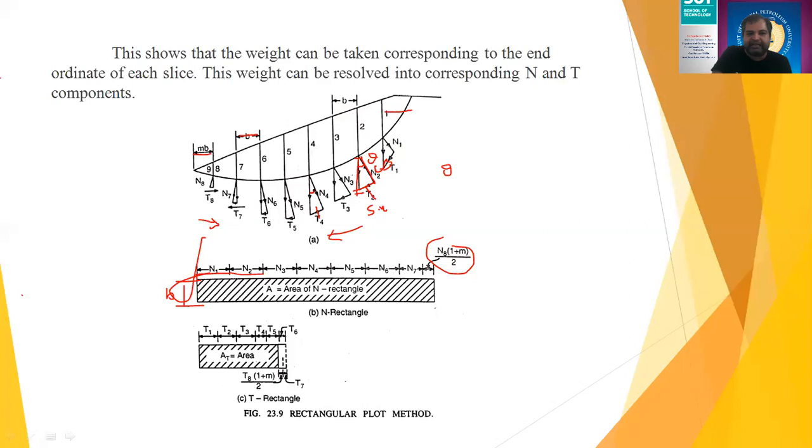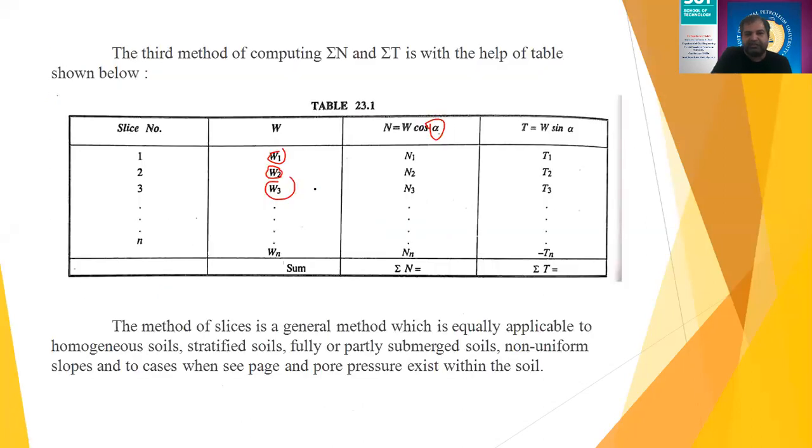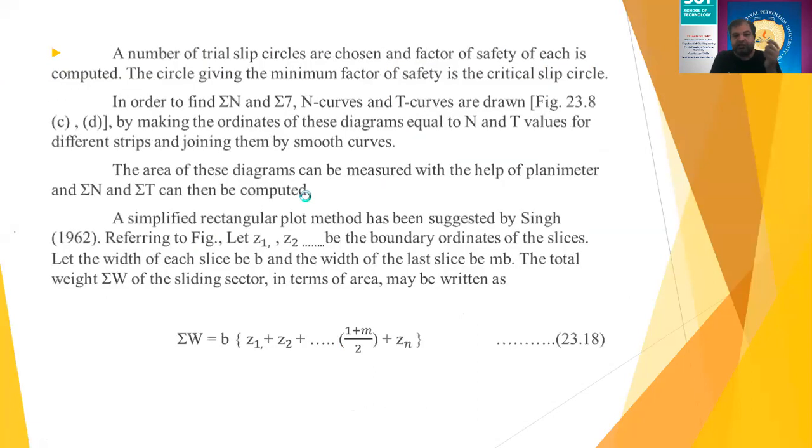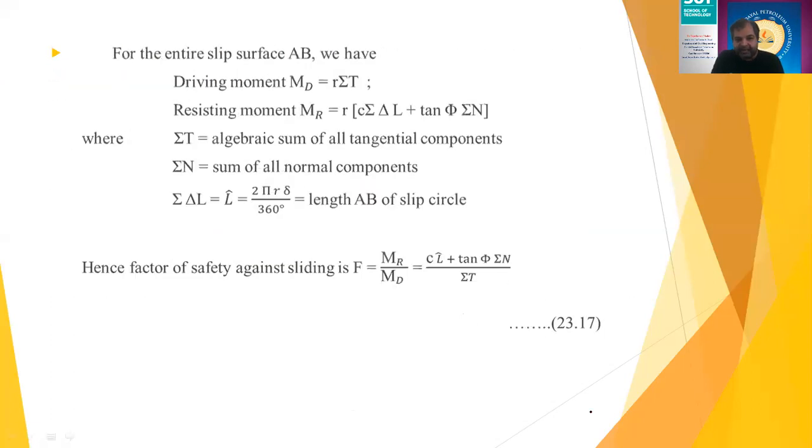And this length you can easily measure, right? So this way you can calculate the value of sigma n and sigma t. And if you put the values of sigma n and sigma t into the equation we have derived here, then you can easily calculate the factor of safety for the particular slip circle, right?